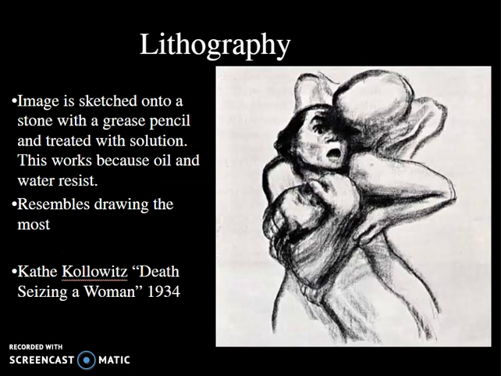Here in this example of lithography, you may look at this image by Kathe Kollwitz of Death Seizing a Woman and think, wow, that kind of resembles charcoal. This is where looking at the credit line information of the work is going to be imperative for you to be able to discuss or write about the work appropriately.